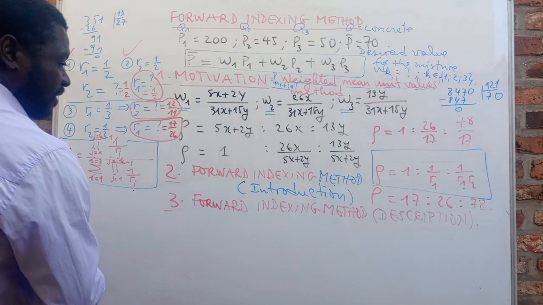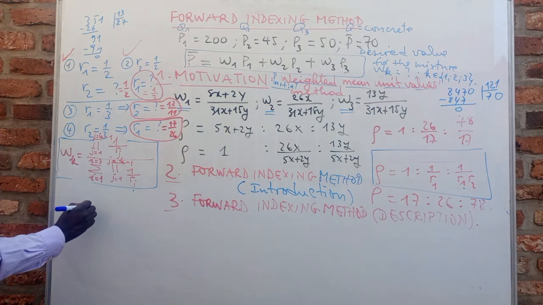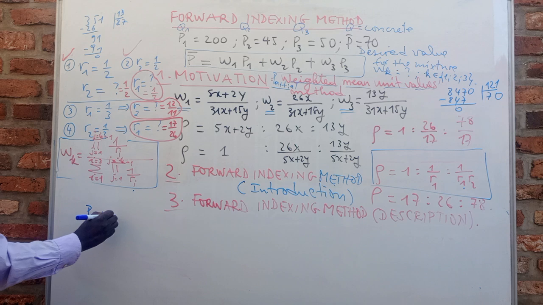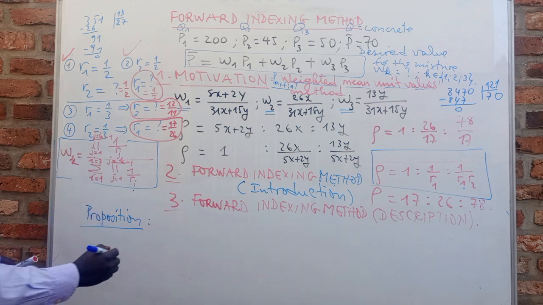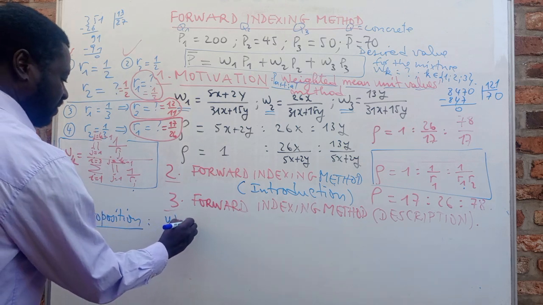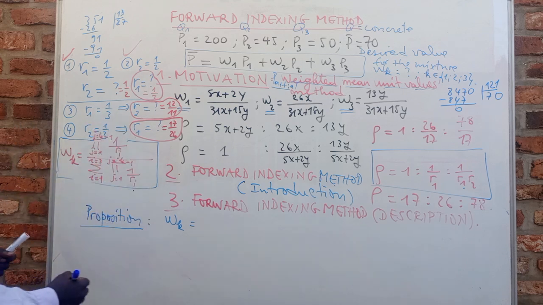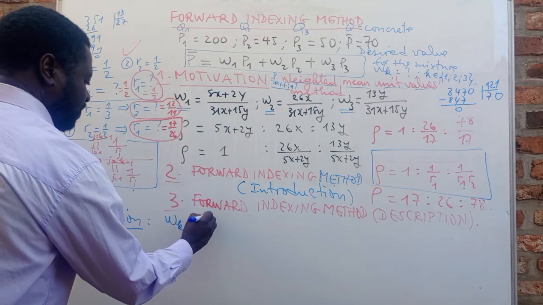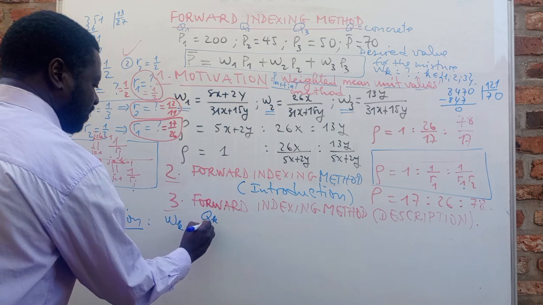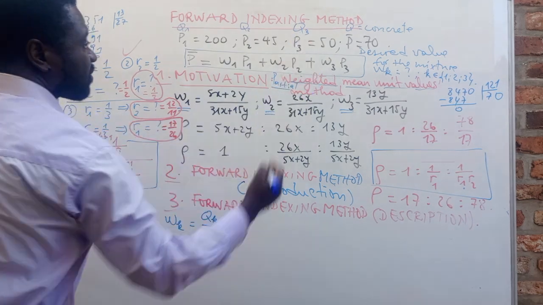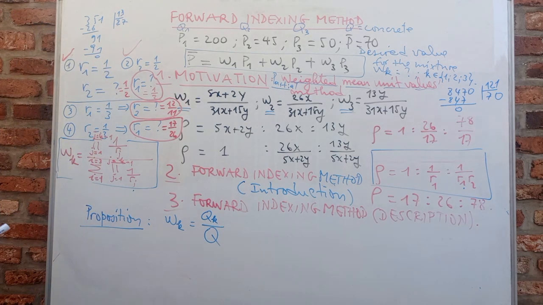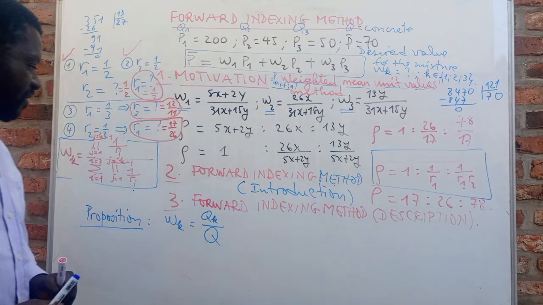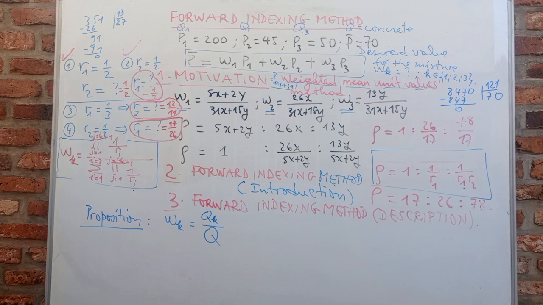So we will have 4 propositions. We are going to prove the first proposition. We will prove that for each quantity, in general, omega k is equal to, if we know the quantity for any given component, the first, the second, the third, and so on, the ratio between the quantity of each component to the sum of all quantities.